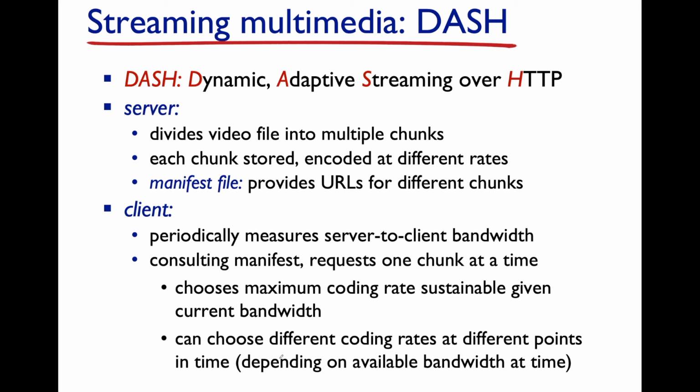And so if you've ever watched something like a YouTube video or Netflix video, you'll notice sometimes if there are issues with bandwidth on your network that the video will start to get a little bit less definition. Maybe it'll get blurry, or maybe it'll be low resolution, and then it'll switch back to higher resolution. That's DASH in action, choosing between the different resolution versions of that chunk as it's requesting chunks over time as a result of feedback, i.e. that server-to-client bandwidth measurement.